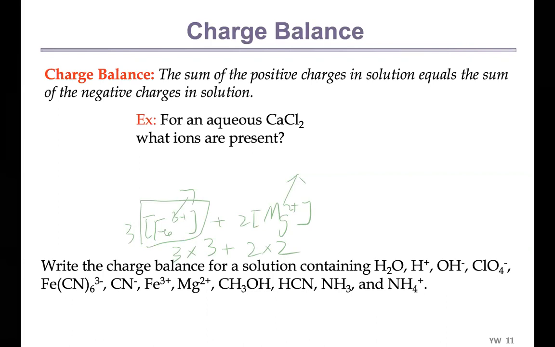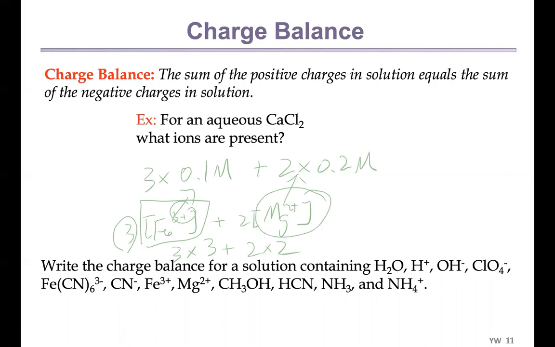So you're calculating 3 multiplied by 0.1 molarity plus 2 multiplied by 0.2 molarity, something like this. But we actually don't know the concentration of each ion in this case, so we use the concentration symbol to represent it. Does that make sense?